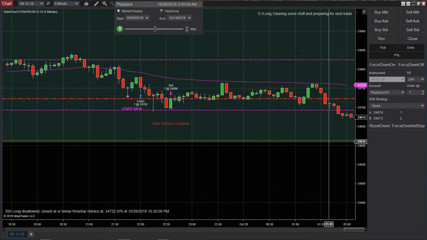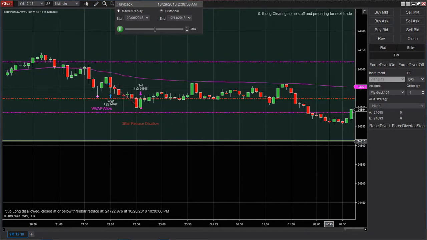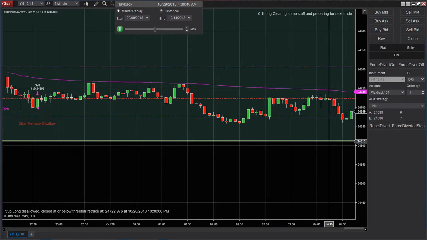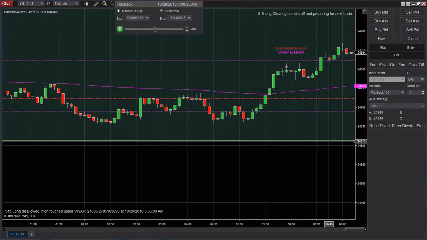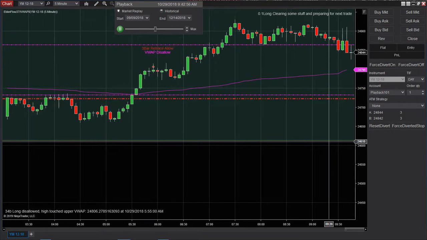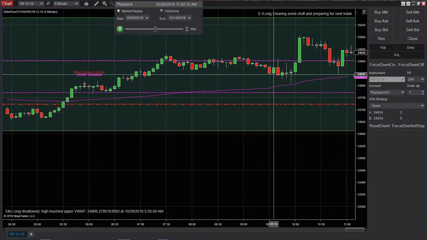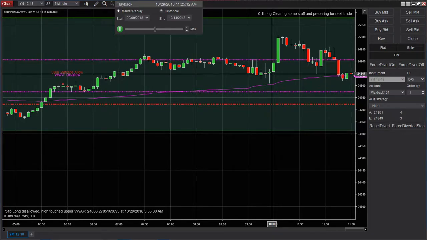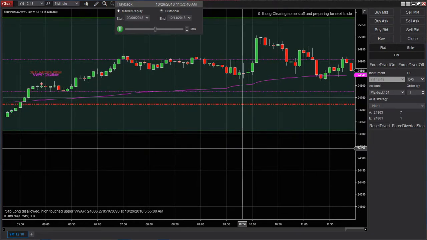But, albeit that, it's not a huge one. Very volatile here. Lots of whipsaws.